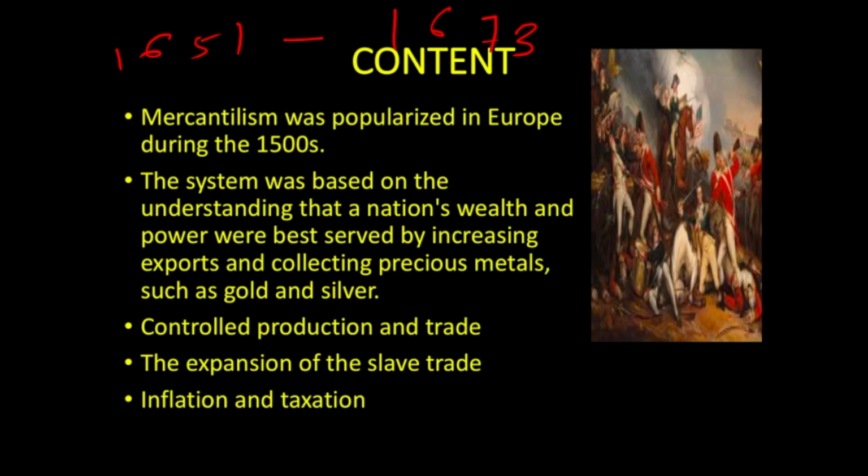Another was that raw material was first preferred to be moved to Britain. So if Britain wanted cotton, America could not sell it to other people. First preference was given to British markets. And second was restrictive manufacturing policies.